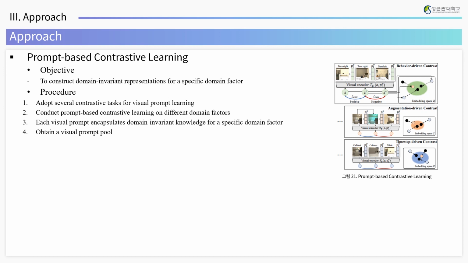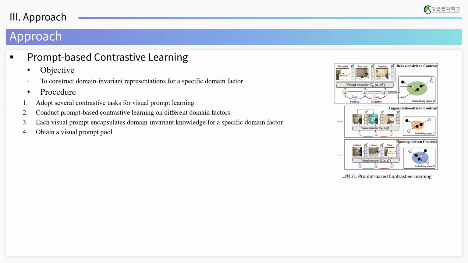To do this, we adopt several contrastive tasks for visual prompt learning, which can be learned on a few expert demonstrations. We specifically adapt behavior, augmentation, and time step driven contrast tasks to generate positive visual observation pairs, as shown in the figure.